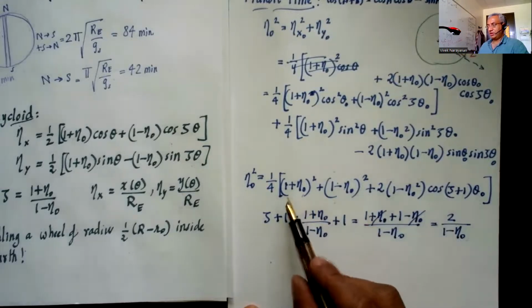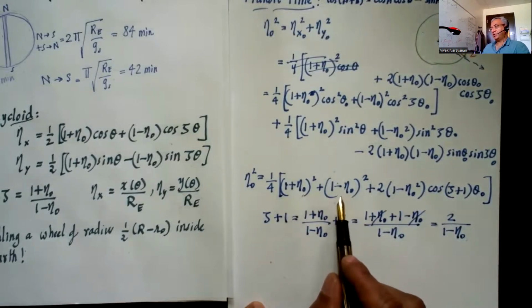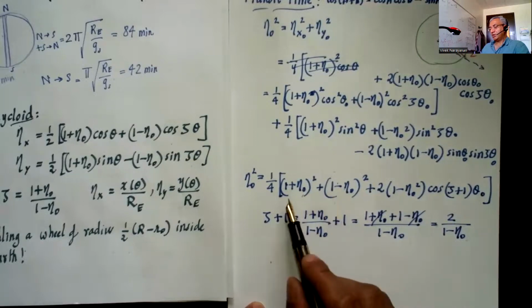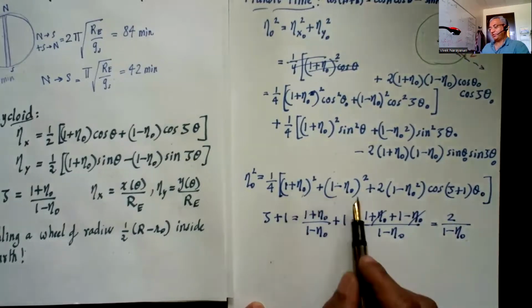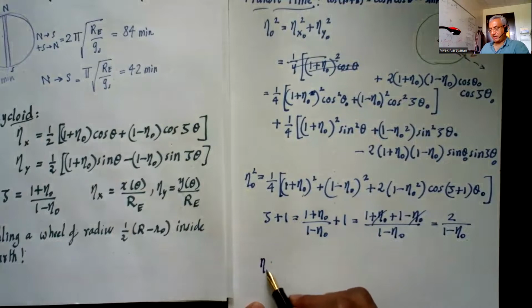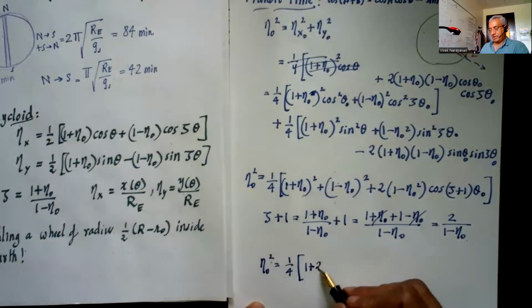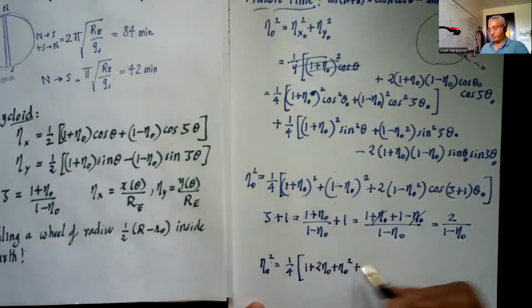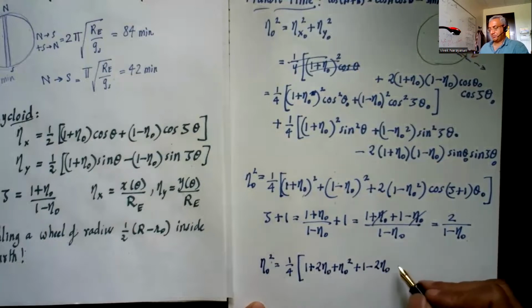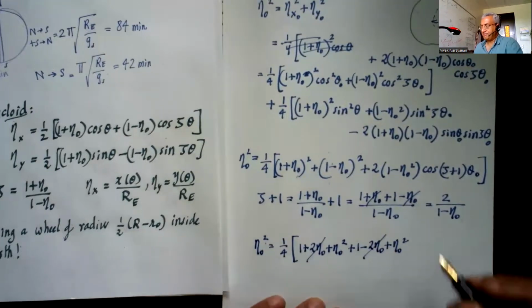If you expand out (1 plus eta naught) squared plus (1 minus eta naught) squared, the minus 2 eta naught term cancels with the plus 2 eta naught term. So you're going to get a simpler equation. Let me write it out. Eta naught squared equals 1/4 of (1 plus 2 eta naught plus eta naught squared plus 1 minus 2 eta naught plus eta naught squared). So that gets rid of our term there.